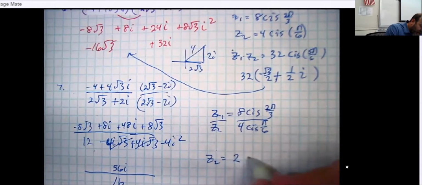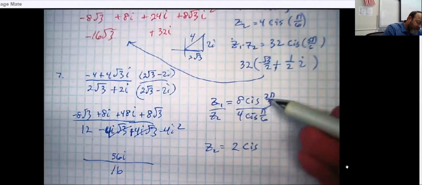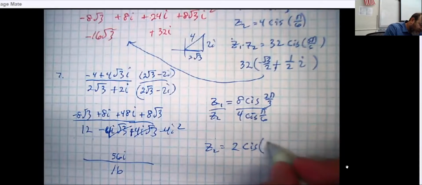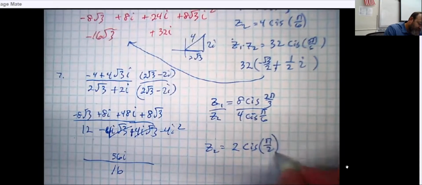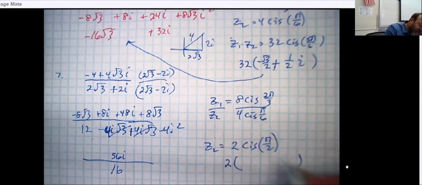And I can tell I have a little bit of an issue over here, which tells you how hard that is. If I subtract these, then 4 pi over 6 minus 1 pi over 6 is 3 pi over 6. That's a much nicer answer than what I got. But again, I know that the cosine of pi over 2 is 0, and the sine of pi over 2 is 1. This answer should be 2i.